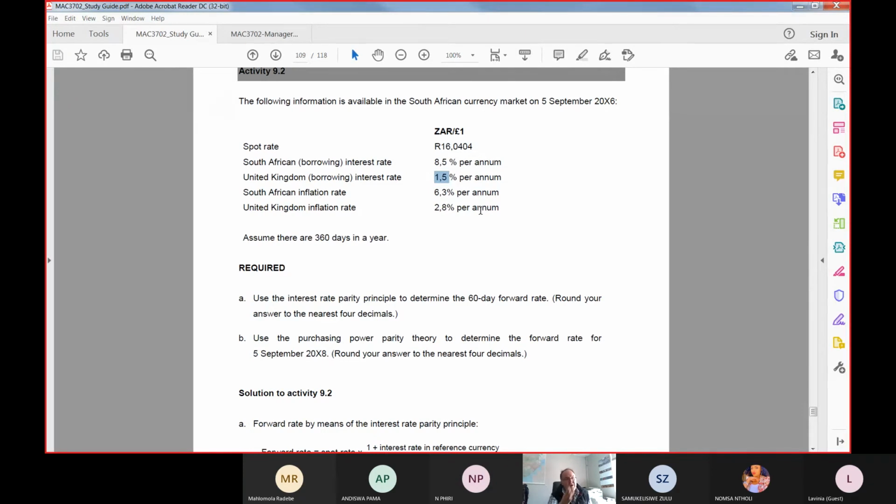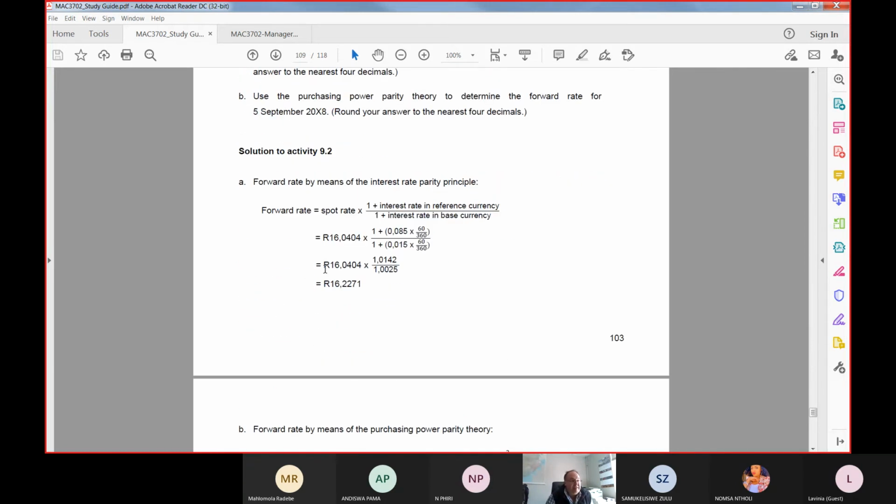It will be earning interest at 1.5, while borrowing in South African currency at 8.5. That is why it's more expensive, and this is why your FEC becomes 16.22. In most cases the FEC is better, but if the exchange rate keeps depreciating, you will notice that you can benefit from it. If it improves, then yes, you're going to suffer, unfortunately.